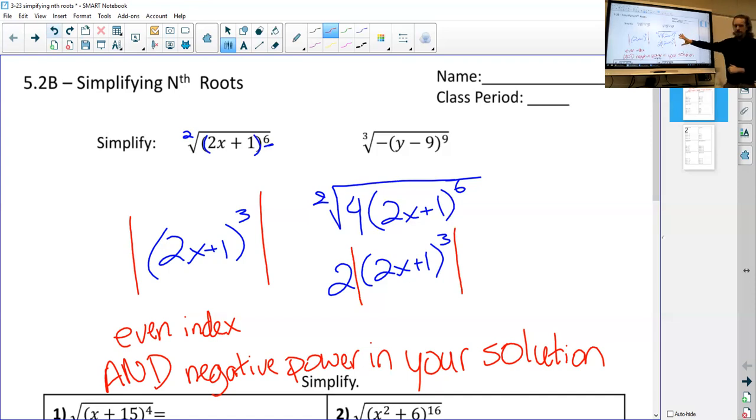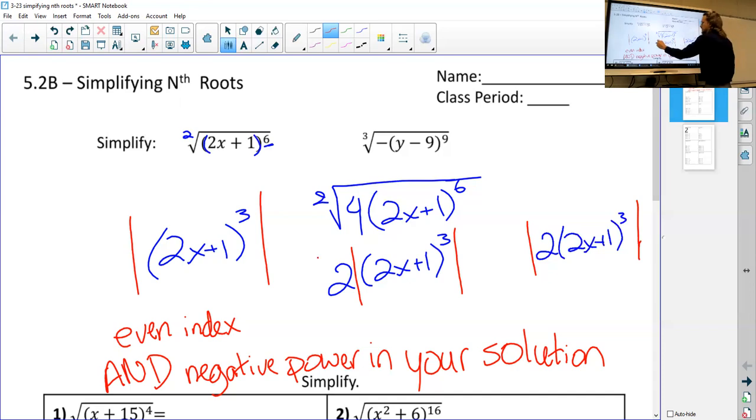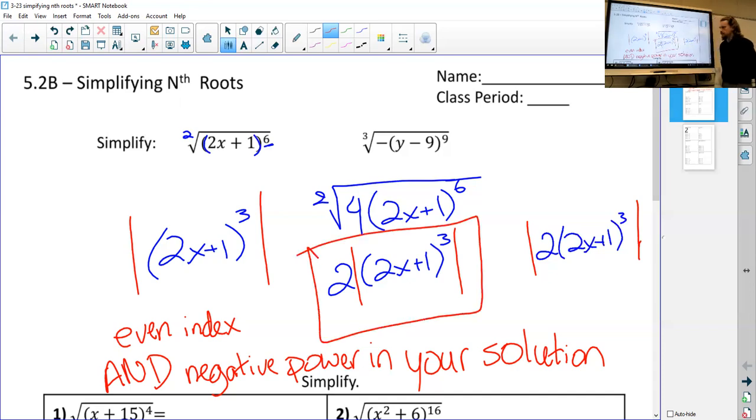And mathematically, if you graph this compared to, if I write it out, 2 times 2x plus 1, I'm almost positive graphically you would get the same thing. But in terms of simplifying as much as possible, we want to take whatever we can out of the absolute value. So this is the answer you would want to pick, okay?